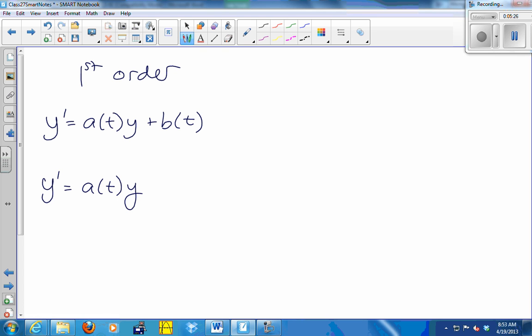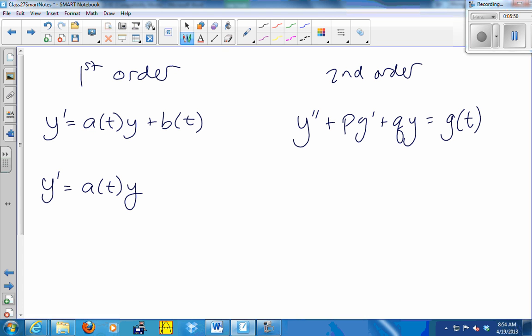For second order, the non-homogeneous is y double prime plus p y prime plus q y equals g of t. I'll just keep it on the left. The associated homogeneous is when I just take this g of t, over here it was a b of t, just take this function that's just in t and get rid of it.